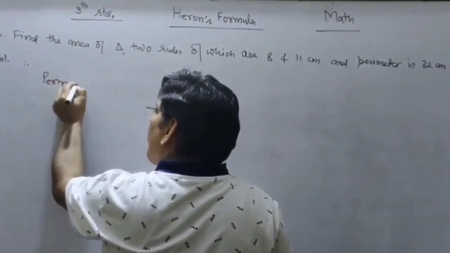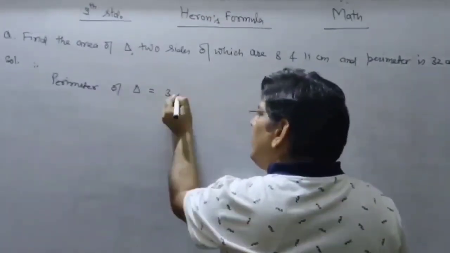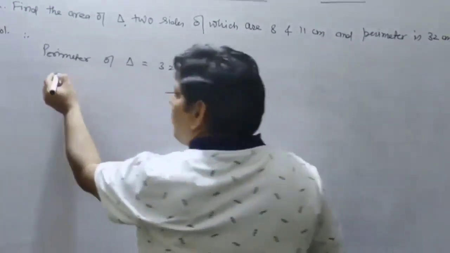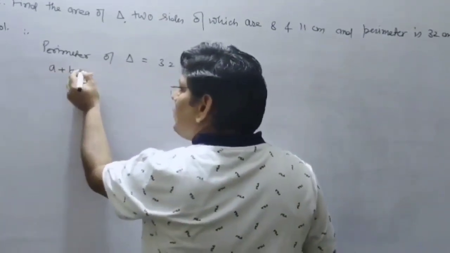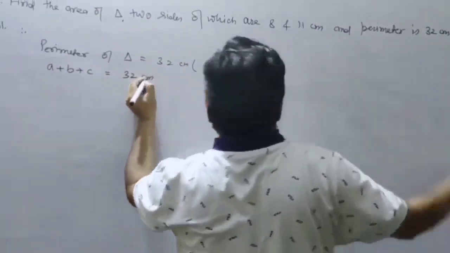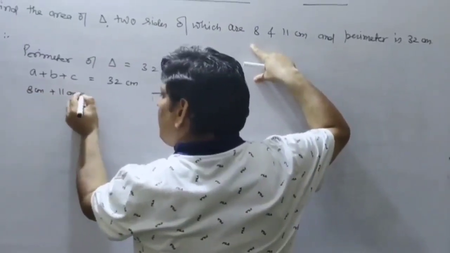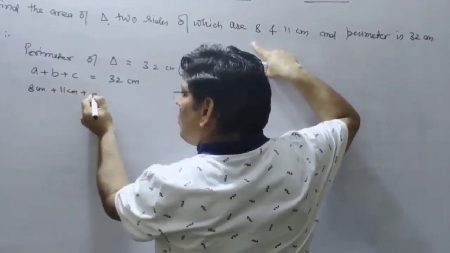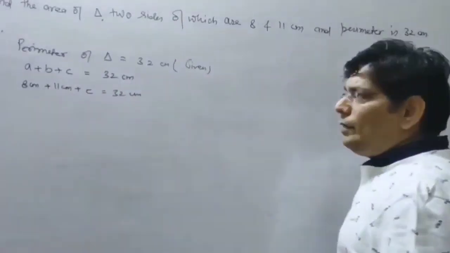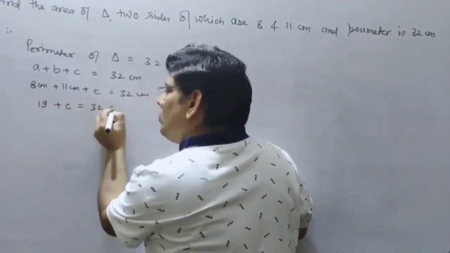Perimeter of triangle is 32 centimeter, and that is given. Now perimeter means the sum of all three sides, that means a plus b plus c equals 32 centimeter. a means 8 centimeter, b means 11 centimeter and c is not given, so 32 centimeter, 8 plus 11 that is 19 centimeter plus c equals 32 centimeter.